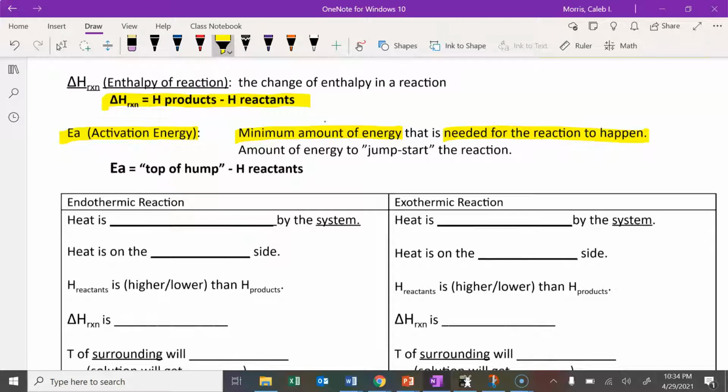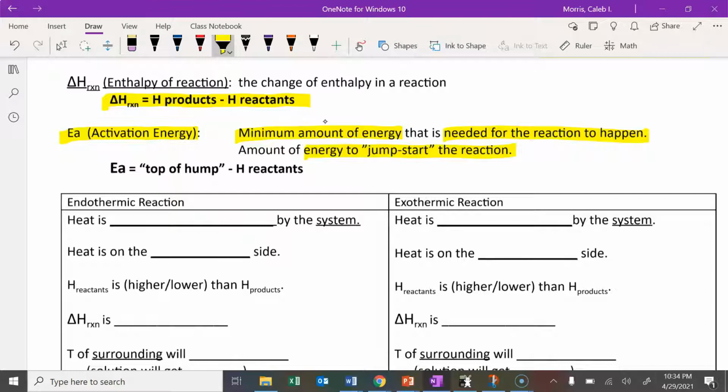A catalyst provides a lower pathway, a lower energy pathway for the reaction. In other words, it lowers the activation energy. The amount of energy that's needed to make the reaction happen. That's another way of thinking of it. The amount of energy needed to jumpstart the reaction, to get it going.